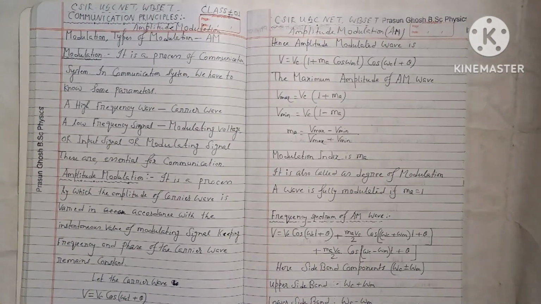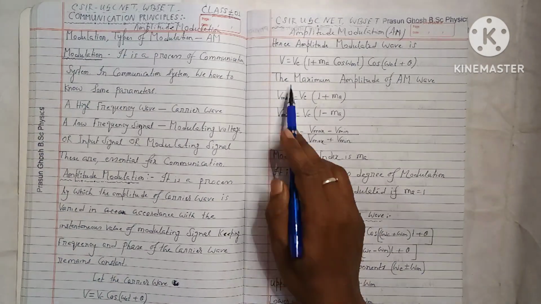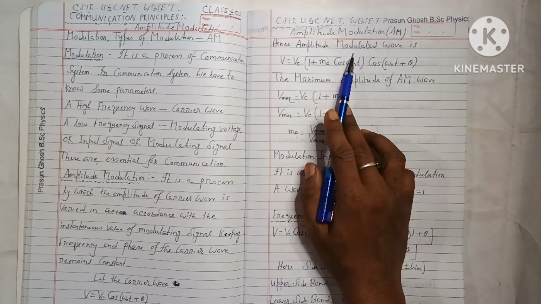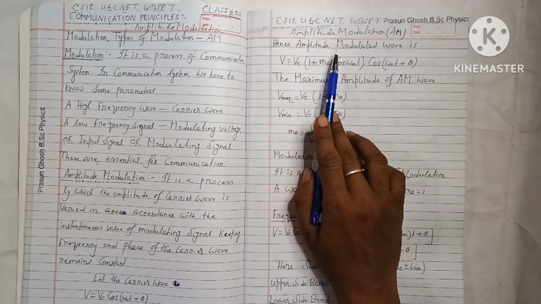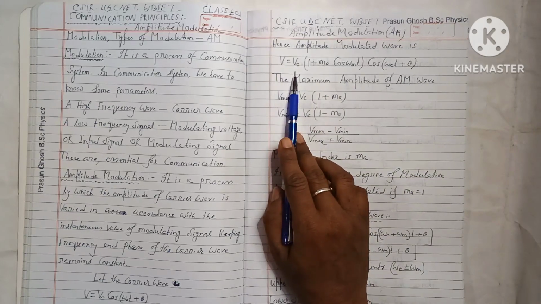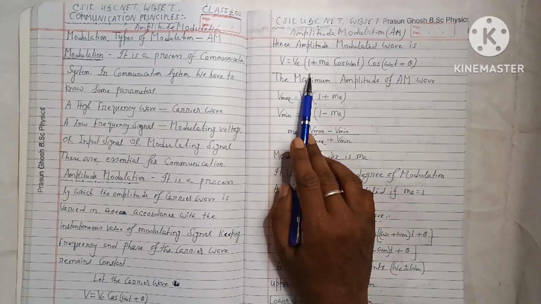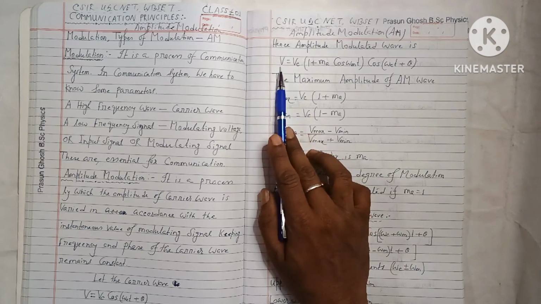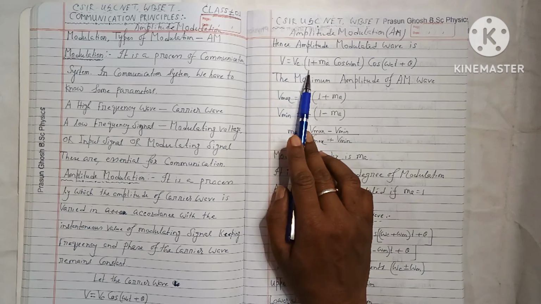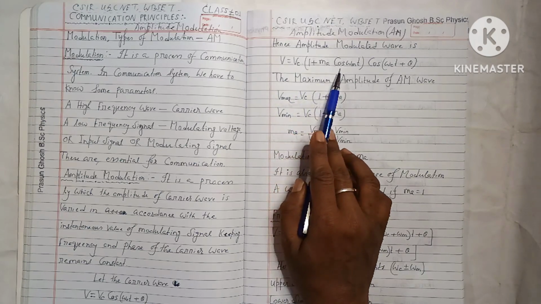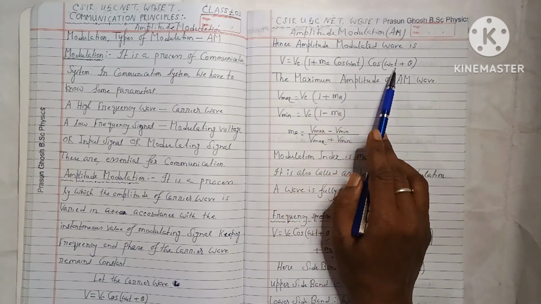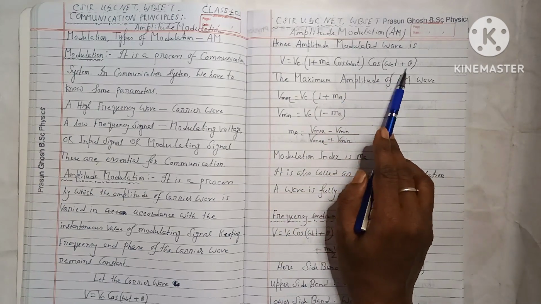Next, the amplitude of the modulated wave is V equal to Vc times (1 plus Ma cos omega m t) cos(omega c t plus theta).